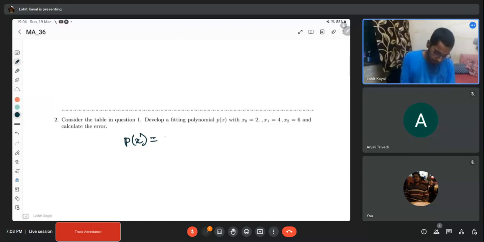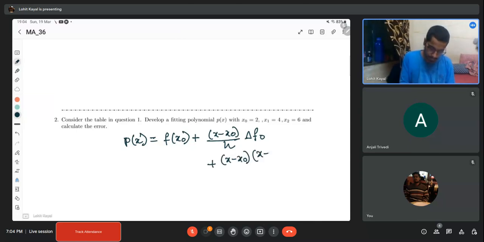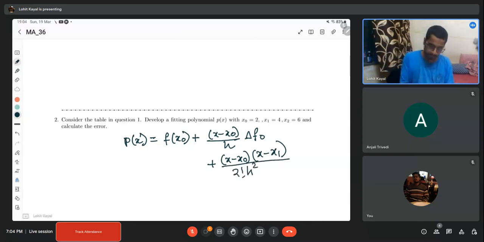It will be f of x0 plus (x minus x0) by h delta f0 plus (x minus x0)(x minus x1) by factorial 2 h squared delta squared f0.